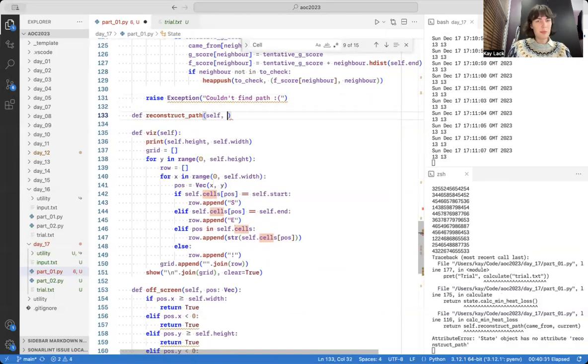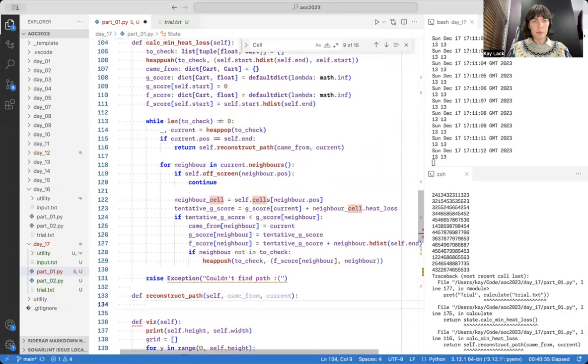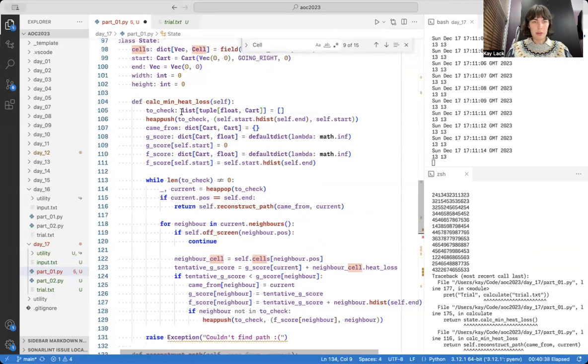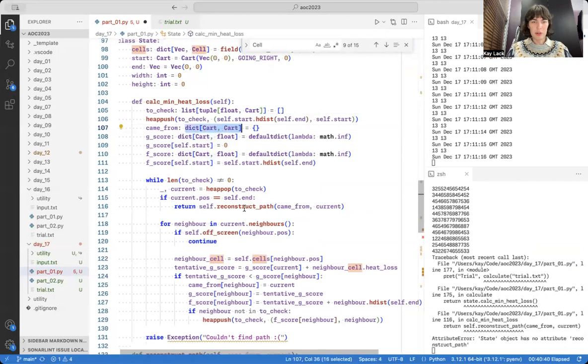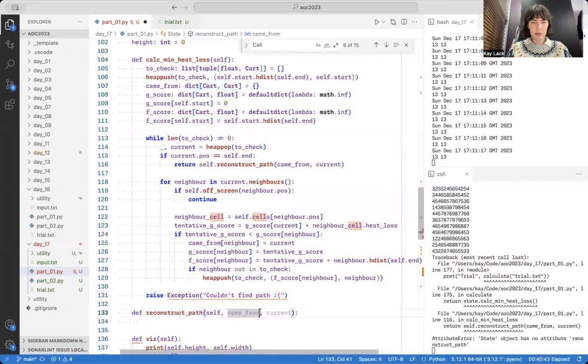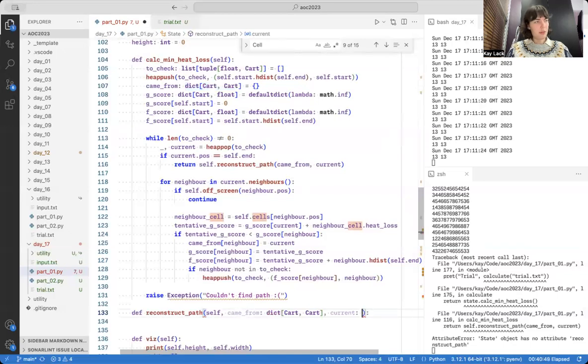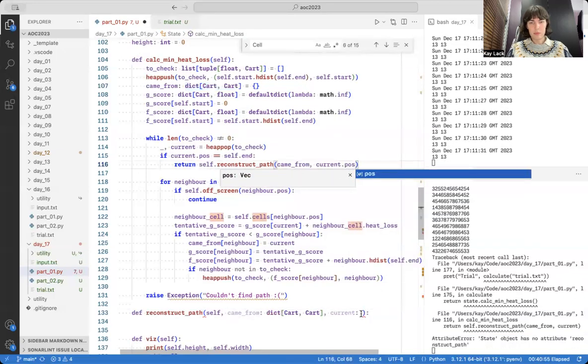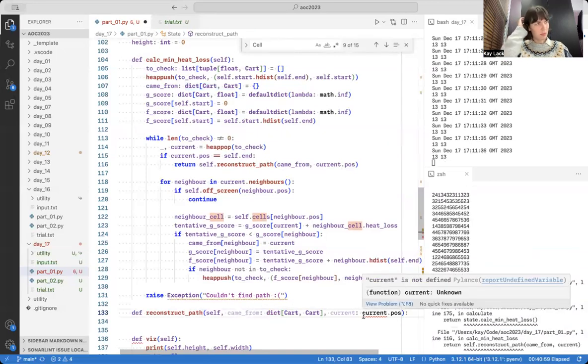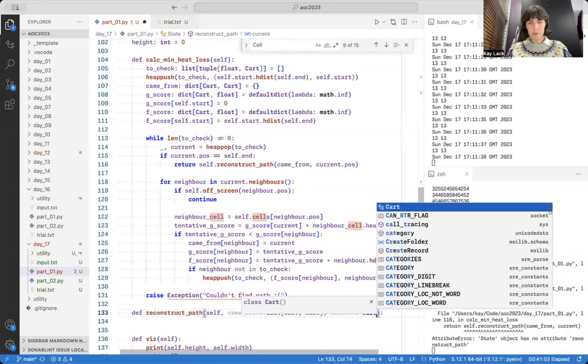Path. Now this should be a dictionary of carts to carts. And current should be the, okay.